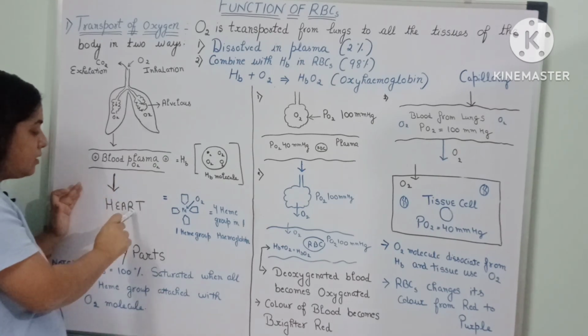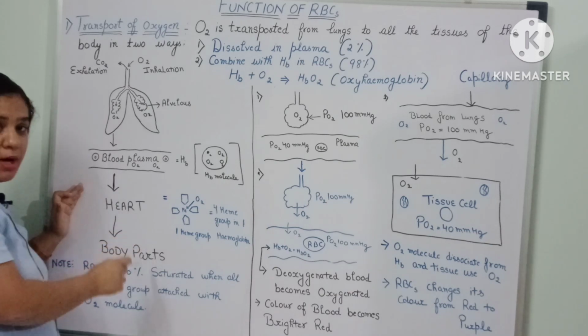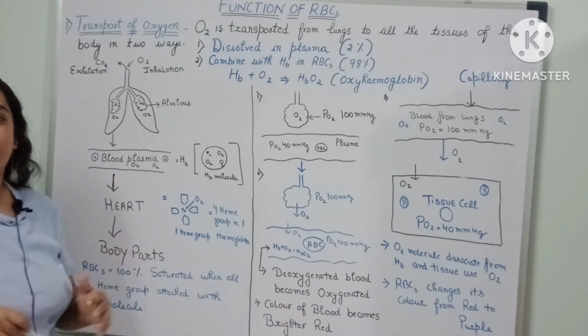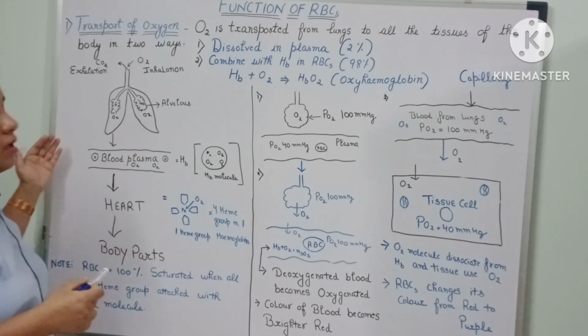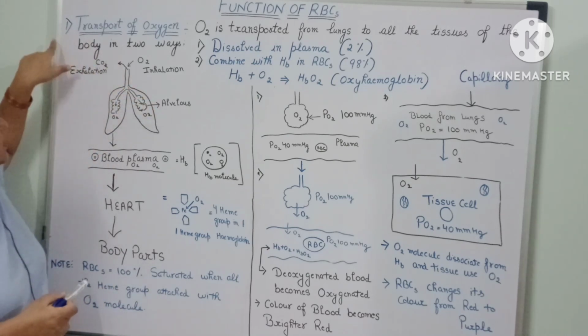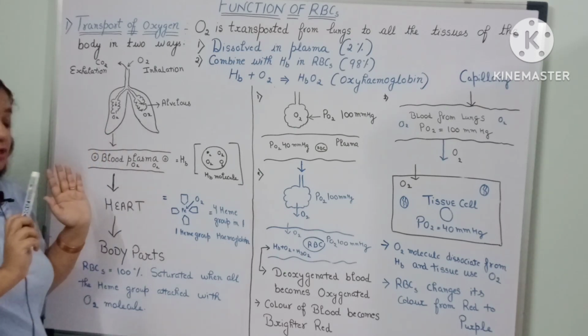The heart pumps the blood to the different body parts, where the tissues utilize the oxygen and give a byproduct, that is carbon dioxide, and this carbon dioxide again goes to the lungs, where we exhale it out from the mouth. This process is called exhalation.